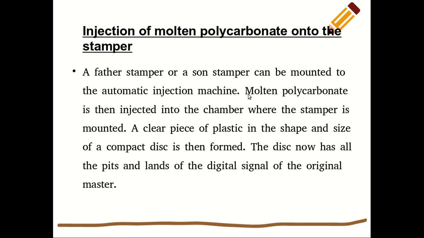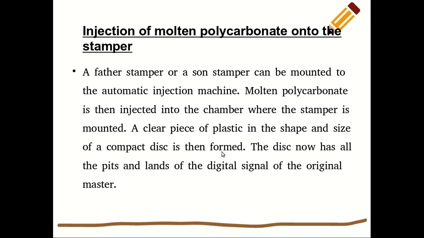Next to this, a molten polycarbonate layer is applied to our glass master, so that a clear piece of plastic in the same shape and size of compact disc is then formed. At this point, our CD is completely formed one.